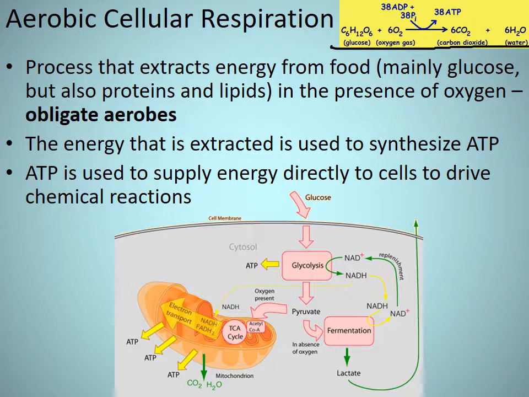Essentially, the products and the reactants are reversed. So in cellular respiration, we see glucose and oxygen gas as the reactants, and the products, carbon dioxide and water. And for photosynthesis, it's the actual reverse. We see water and carbon dioxide as the reactants, and oxygen gas and glucose as the products.